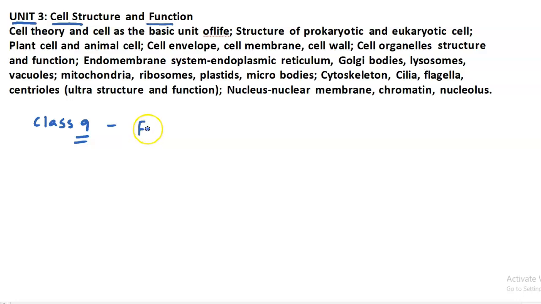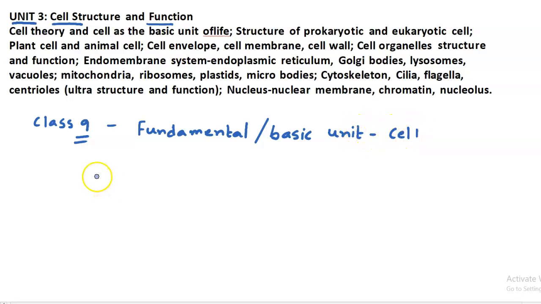In class 9 we find the cell is the fundamental unit of life. That is, the fundamental or basic unit of life is the cell. All living organisms are made up of cells.